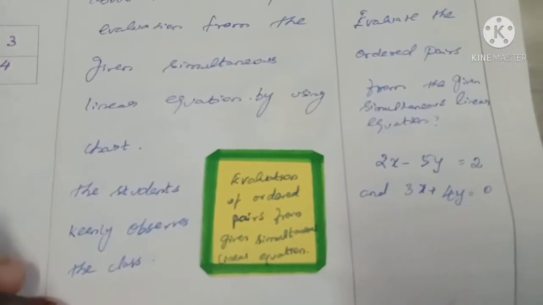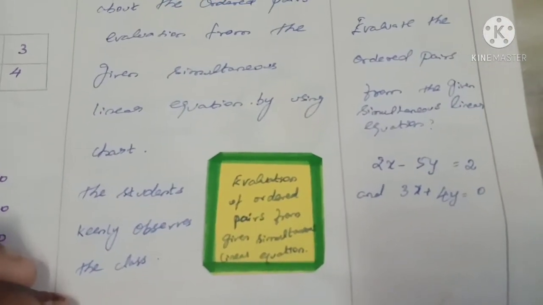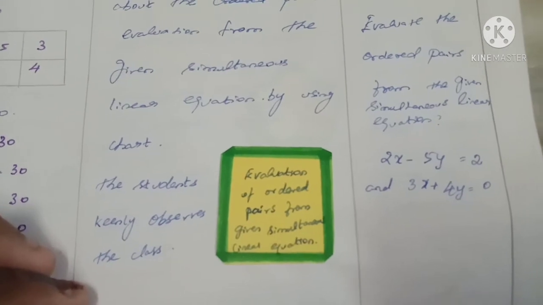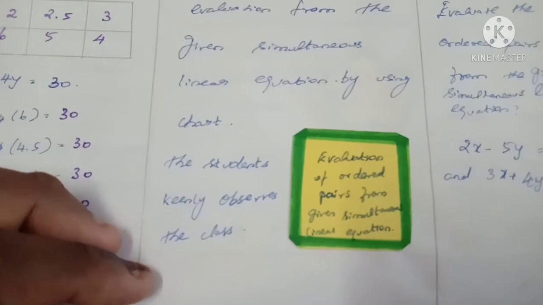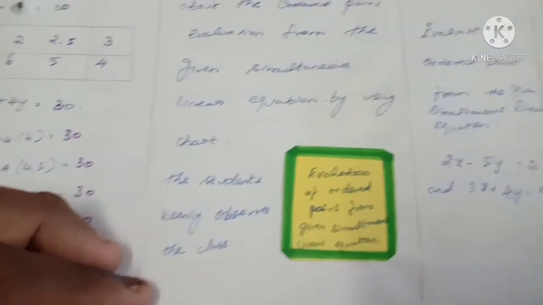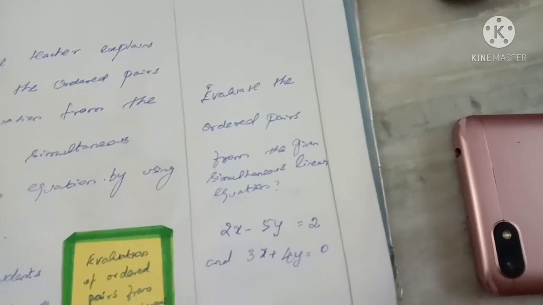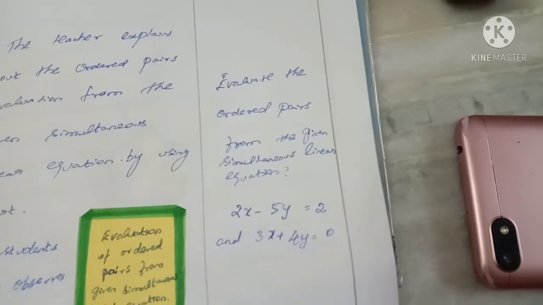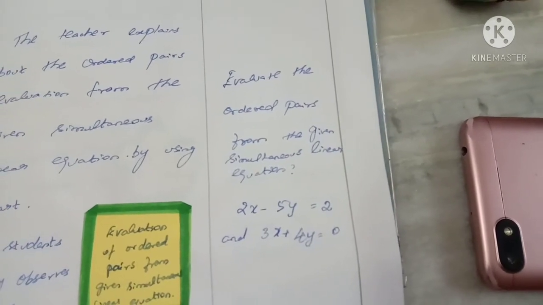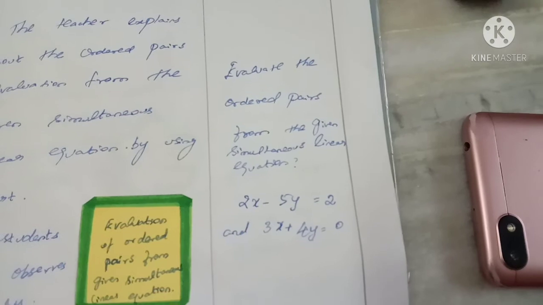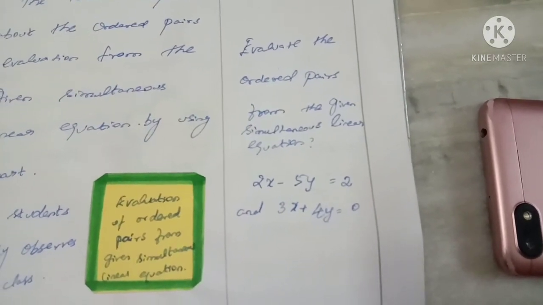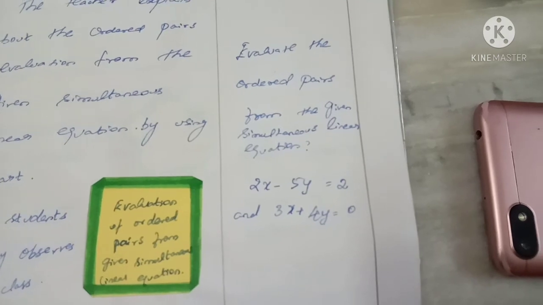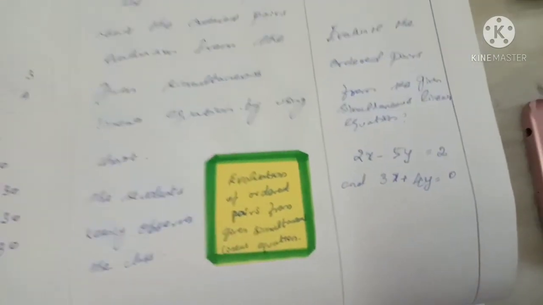Write inside: evaluation of ordered pairs from given simultaneous linear equations. Then at the bottom you have to write, the students keenly observe the class. In the last box, evaluate the ordered pairs from the given simultaneous linear equations: 2x minus 5y equal to 2 and 3x plus 4y equal to 0.